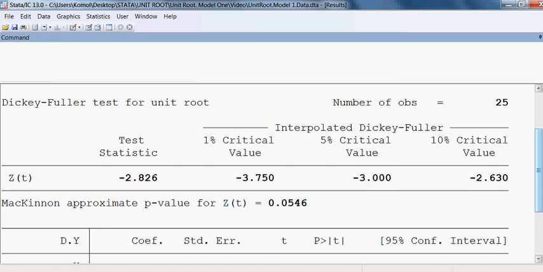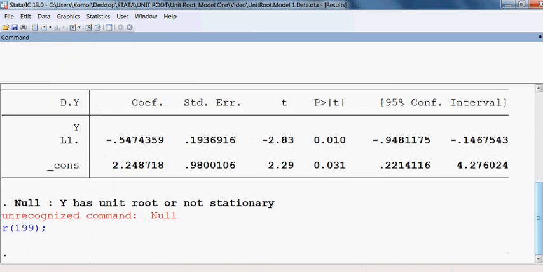Okay. And what is our null hypothesis? Null is y has unit root or not stationary, right? That we have already seen, right?